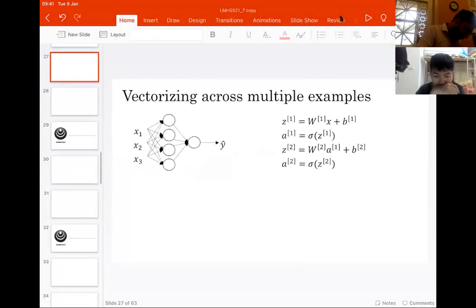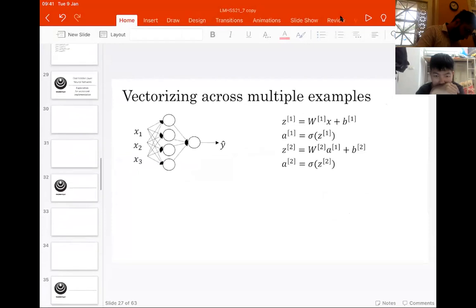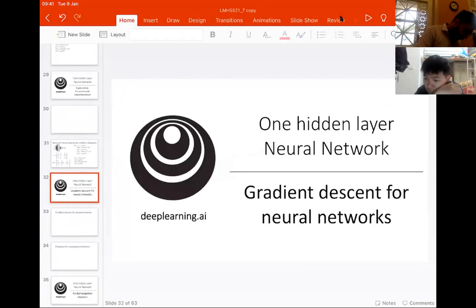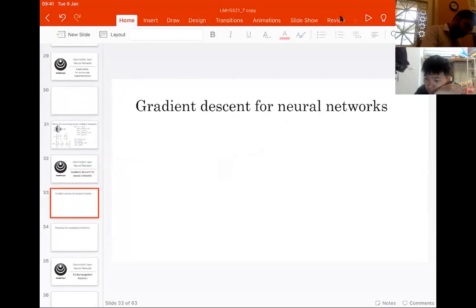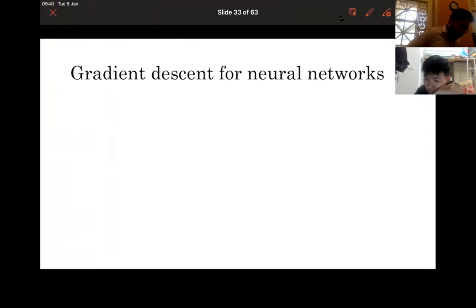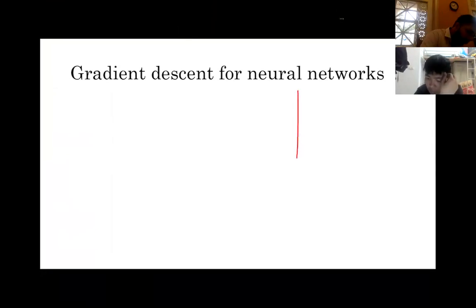So let me go onto the appropriate slides. I can probably do it here. So let's say we have a two-layer neural network. My neural network is given by this. Z1 is equal to W1x plus B1.